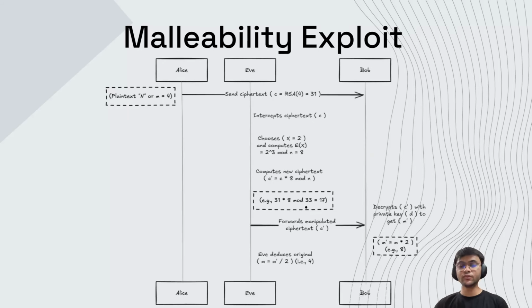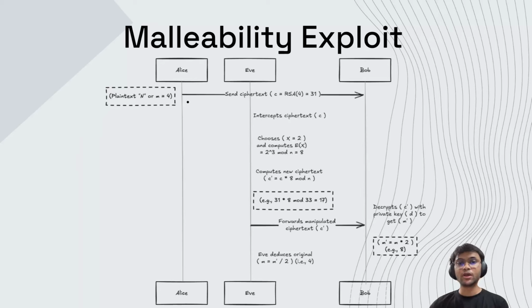Now, let us understand the setup of this exploit. Alice wants to send a message to Bob. After computing all the encoding, we get, for a sample, the plaintext 4.